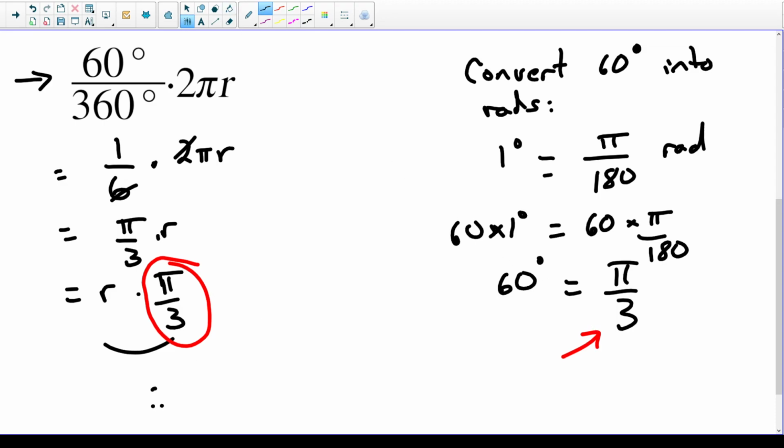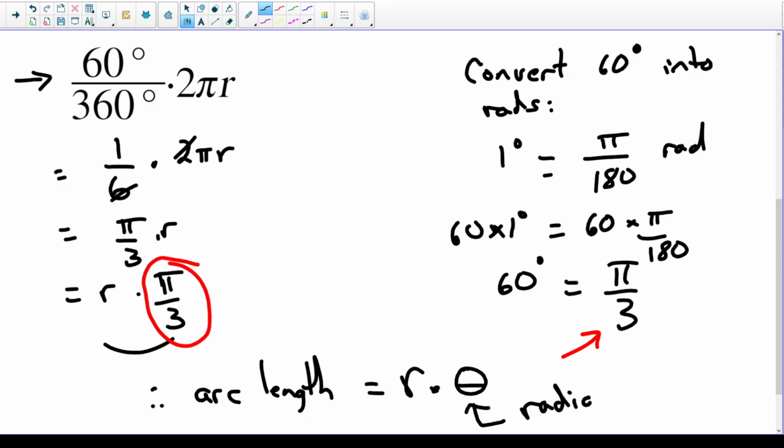Doesn't that therefore mean that the arc length, the most efficient way to calculate it, would be to take the radius and multiply it by an angle, but that angle should be in radians? I mean, look at how much simpler it is.